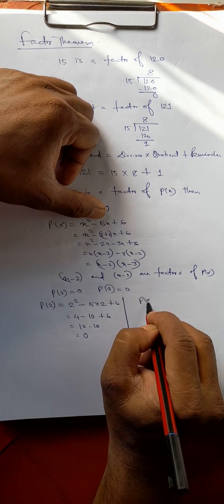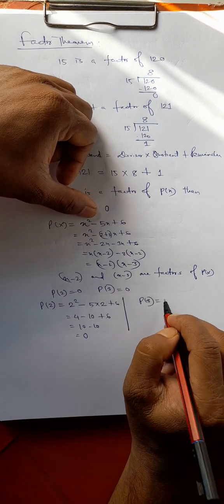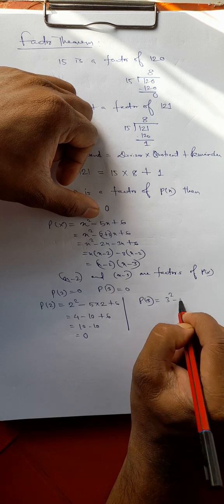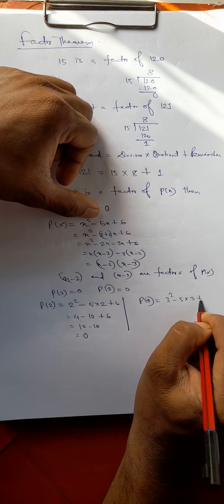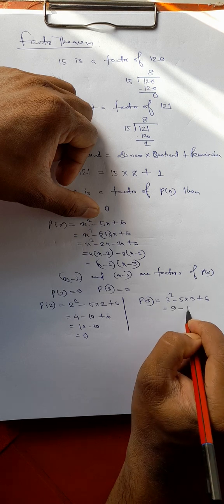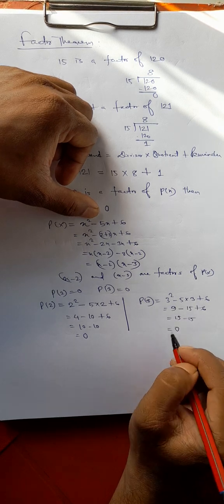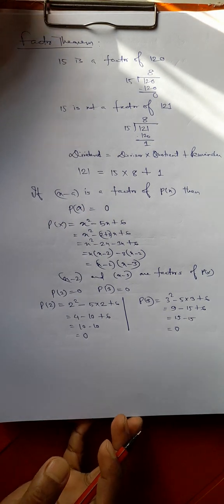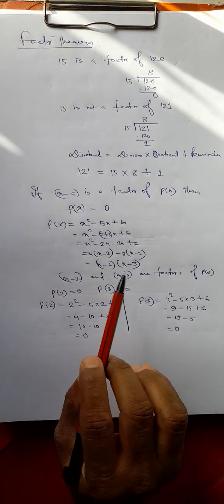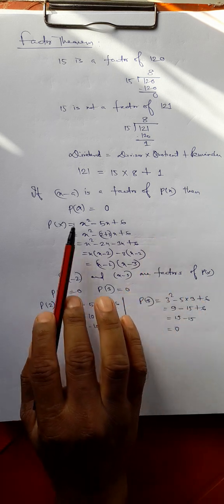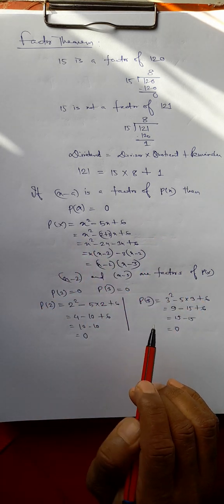Similarly, p(3) equal to, you put x equal to 3, 3 square minus 5 into 3 plus 6, 9 minus 15 plus 6, 15 minus 15 equal to 0. Thus we prove the factor theorem: if x minus a is a factor of p(x), then p(a) equal to 0.